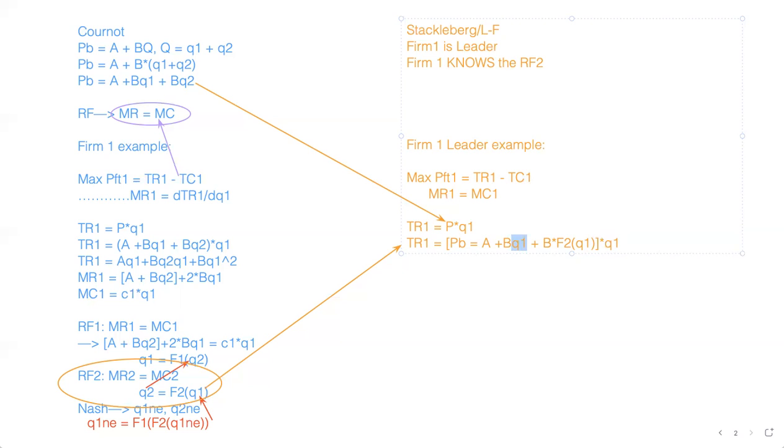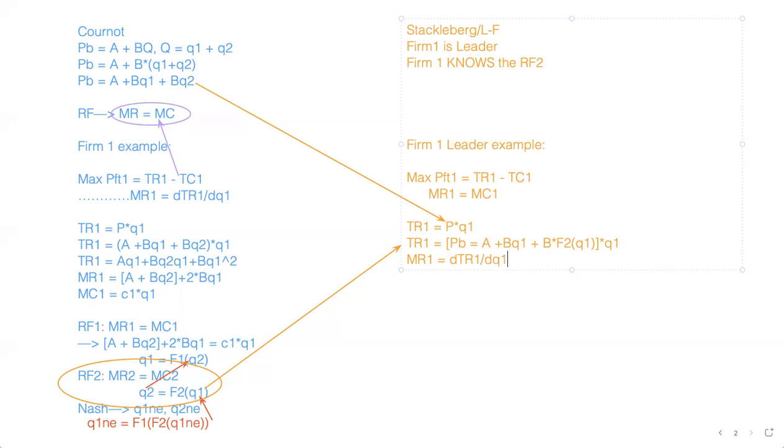Yeah, I can see it. Yeah. So then we can go ahead and calculate the marginal revenue for firm 1. And again, just remember that it's the derivative of the total revenue function with respect to the output of firm 1.